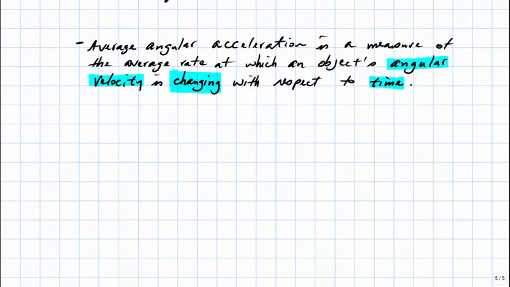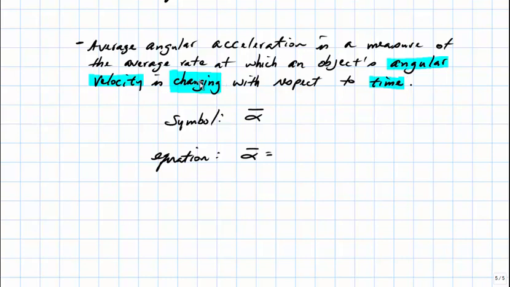Now the symbol for average angular acceleration is the Greek letter alpha, which looks like this with a bar on top. The equation for it looks like this. Alpha bar equals the change in angular velocity.